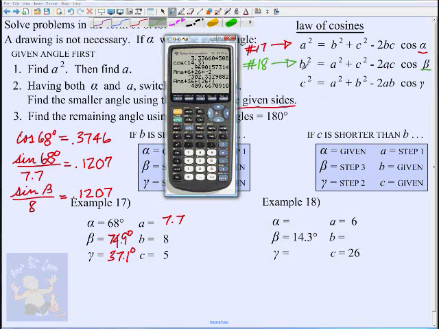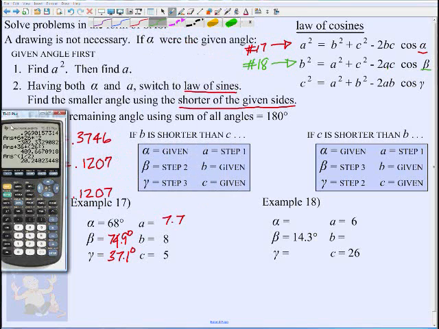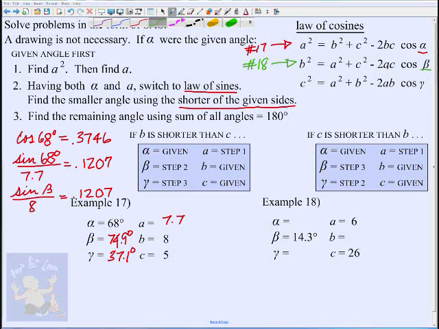And we find out that b squared is equal to almost 410. We're going to take the square root of that, raised to the power of 1, divided by the root 2, 20.24.